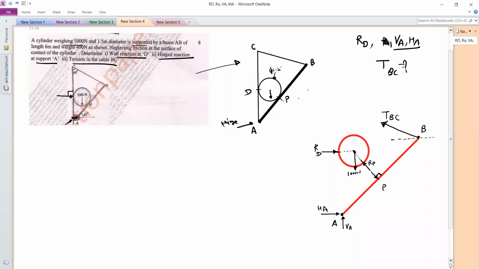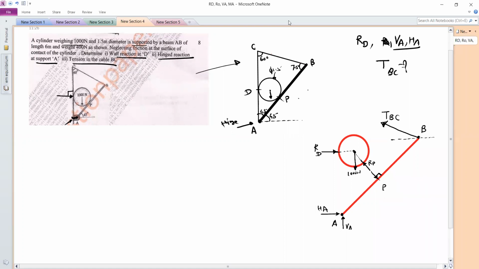You can observe here, this is 45 degree. If you draw this horizontal line, this angle will be the same, 45. This angle is given in the problem. This is 60 degree. So 60, 45, and the remaining angle is 75.